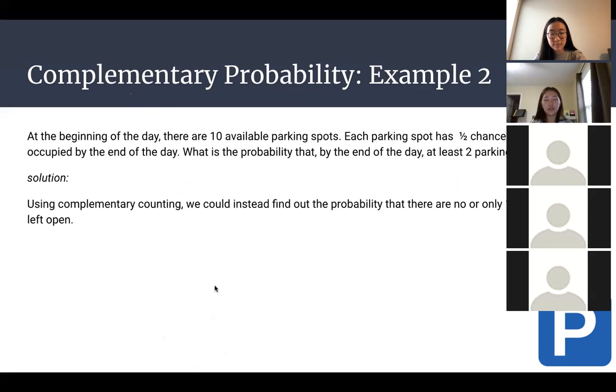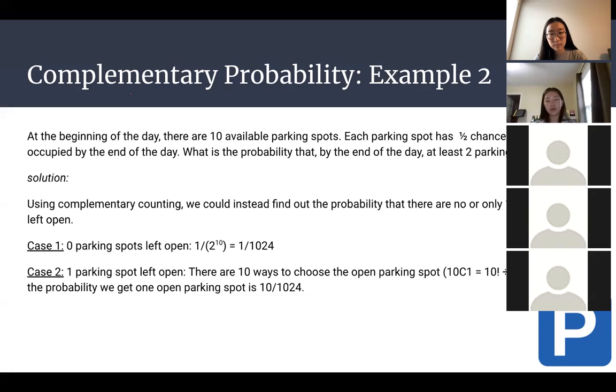The first one is that there are no spots left open, and that's just one case out of 2 to the 10th, because there's 10 parking spots and each one has 2 possible outcomes, being occupied or not occupied.